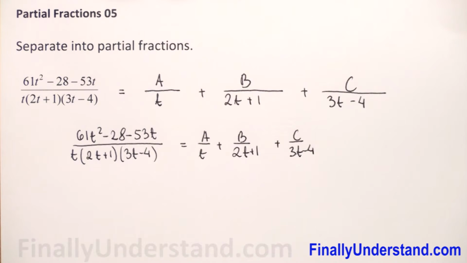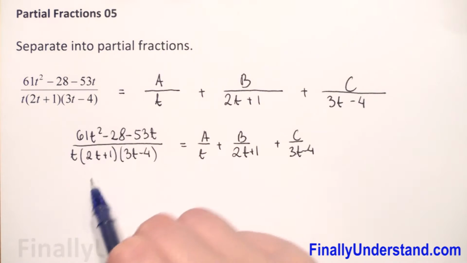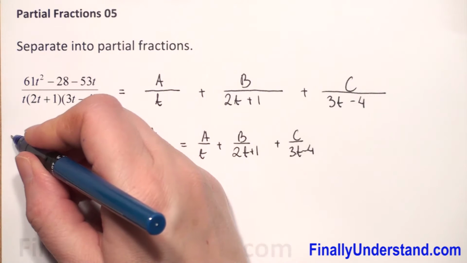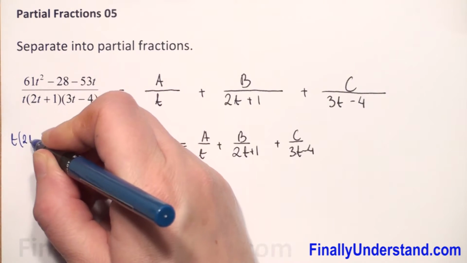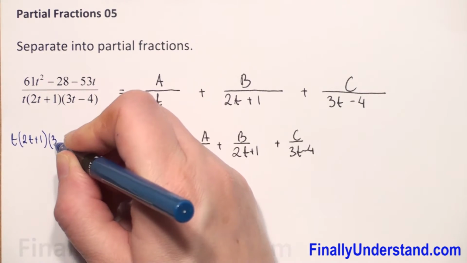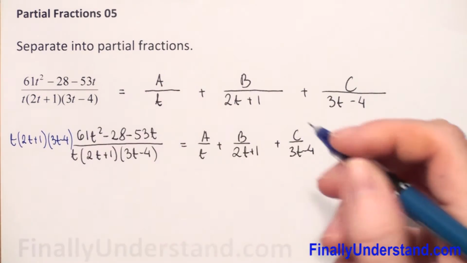Like I said, we will multiply both sides by the lowest common denominator, which is the denominator of our original fraction, so t times 2t plus 1 times 3t minus 4.